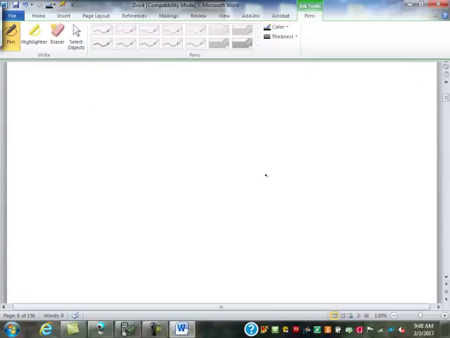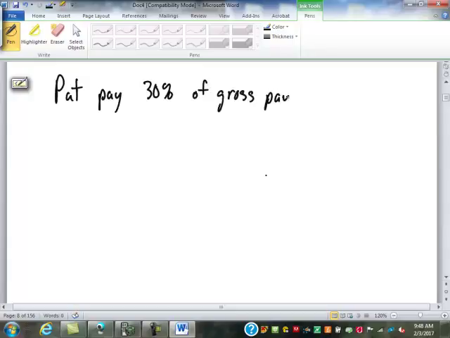Now there are problems we run into that are a little more difficult, and we're going to look at more of these again in the next section. But we might run into problems like this. Pat pays 30% of the gross pay in taxes.